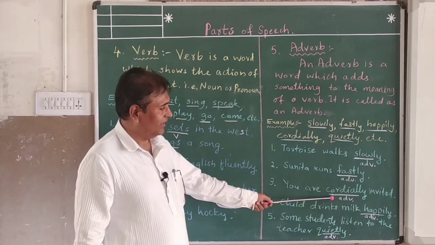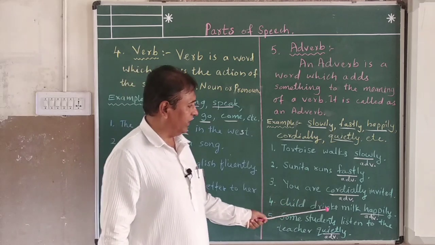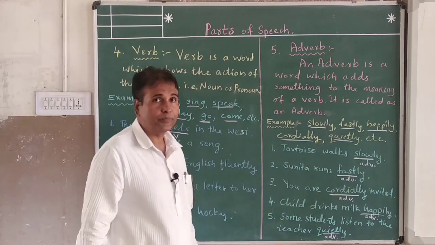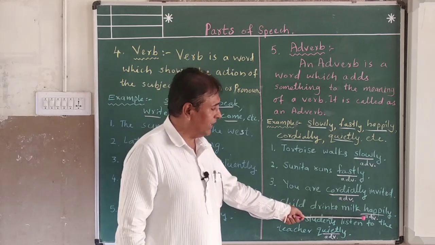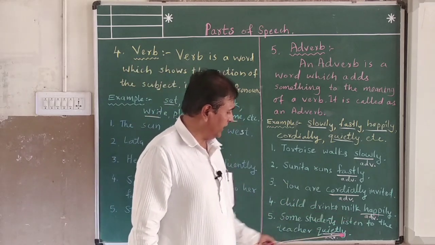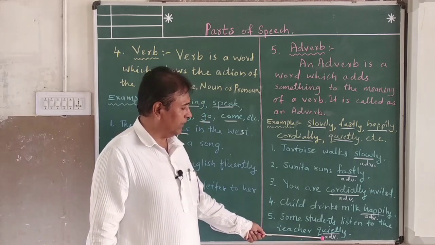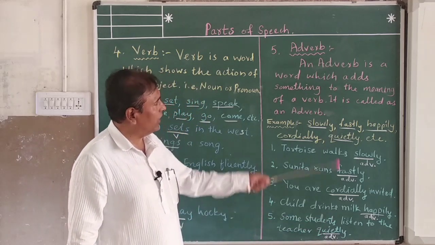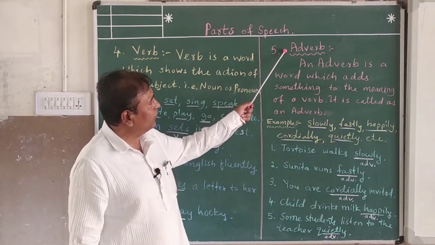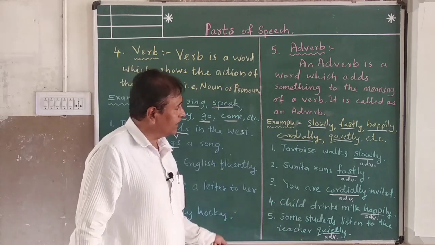See, here is the adverb. Child drinks milk happily. Here, happily is the adverb. Some students listen to the teacher quietly. Here the adverb is quietly. We have written ADV for your information, whenever we are revising ourselves.